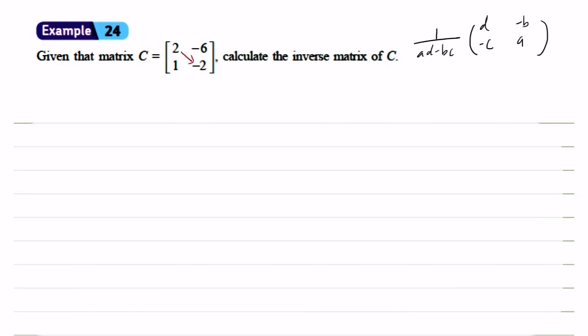So I start with the number with arrow. So here 2 times negative 2. Actually is AD minus BC. So negative 6 times 1.